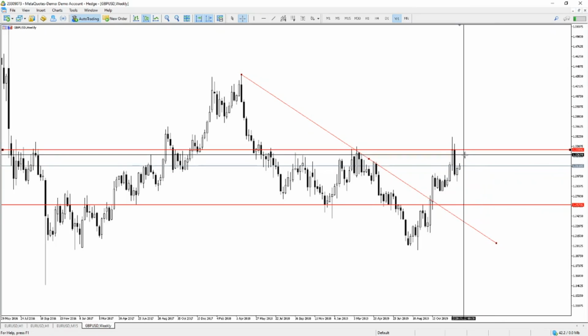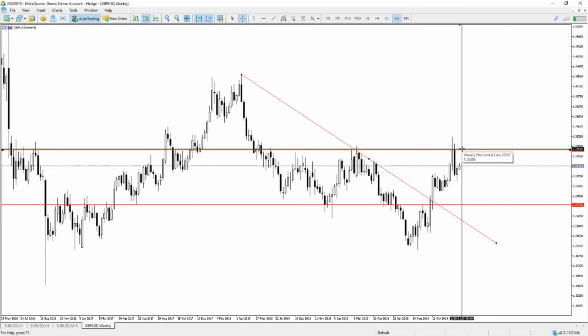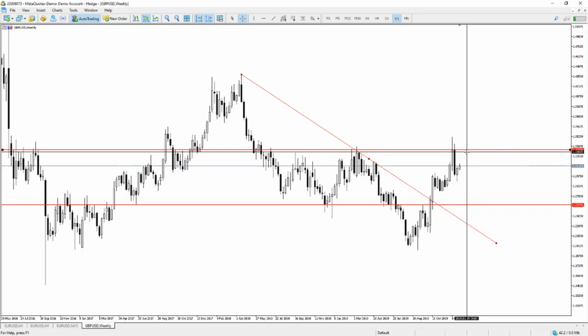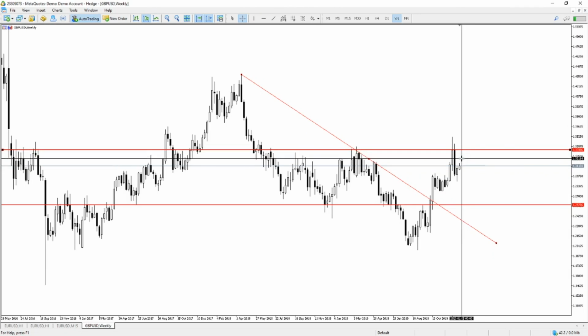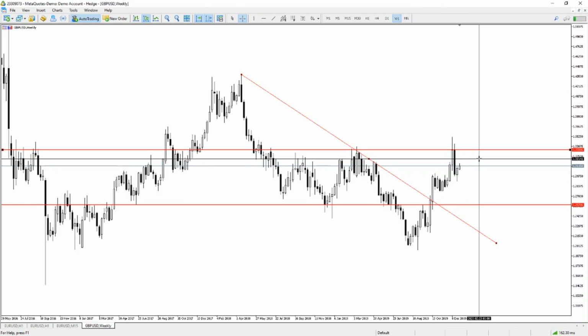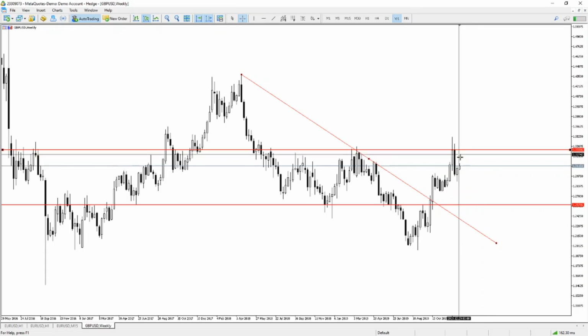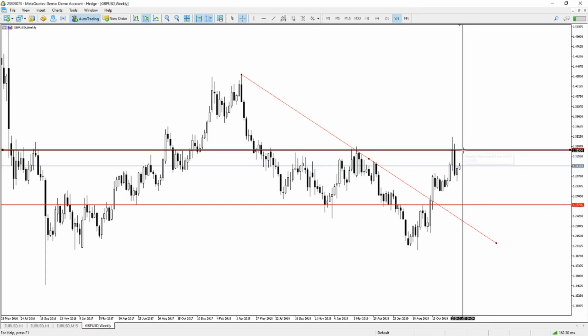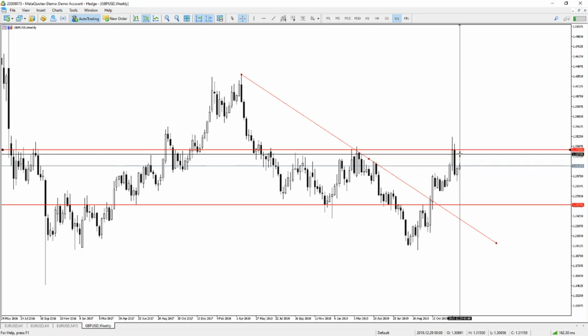If the market comes here, I will look for some short setup and price action, whatever my system is. I will go to my system and see if there is any short signal, and I will take the short signal below this level.